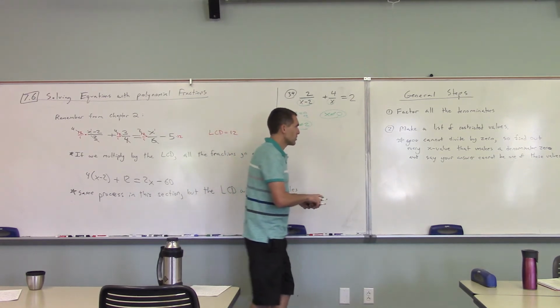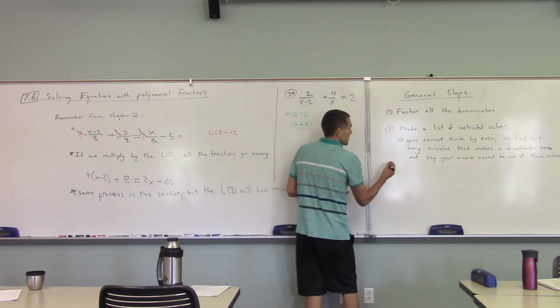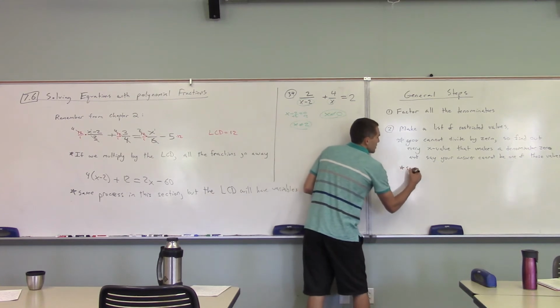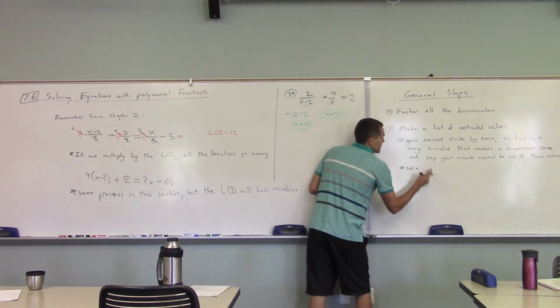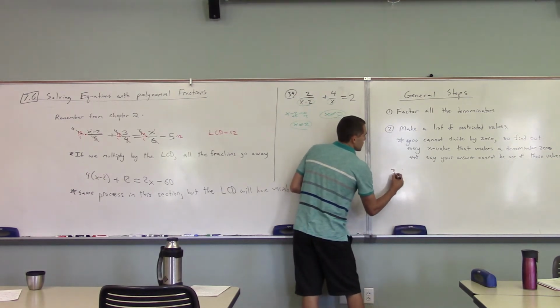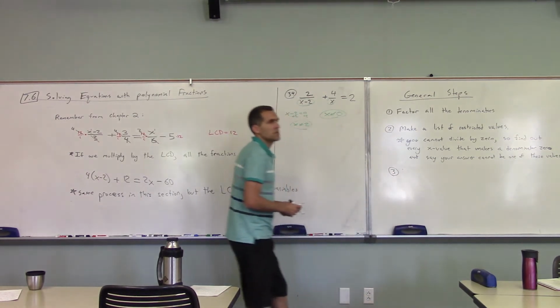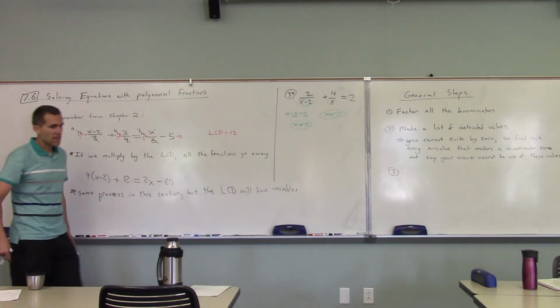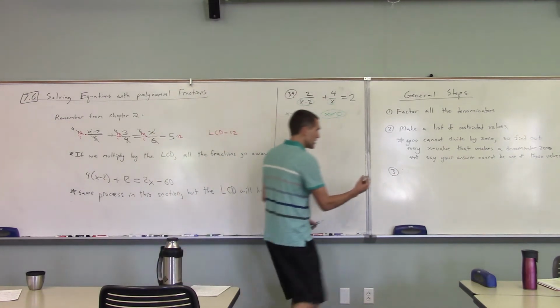Other than that, what do you think our step number 3 should be? What's that step going to be? How did we solve that first problem? By LCD. Yeah, and then?